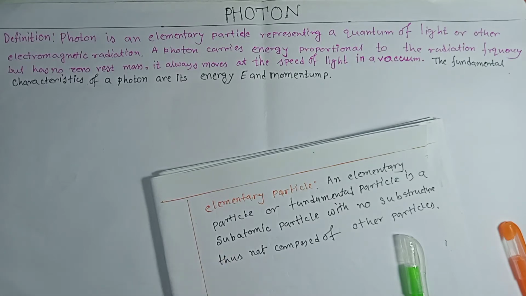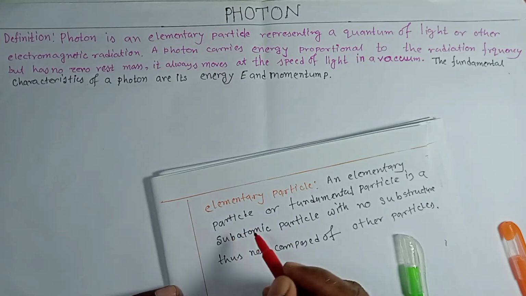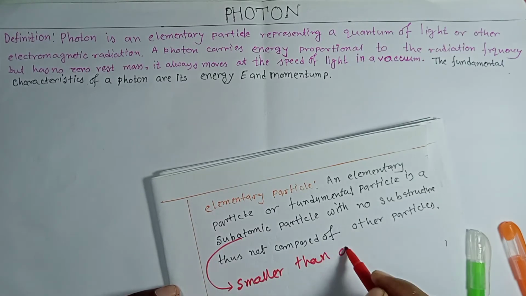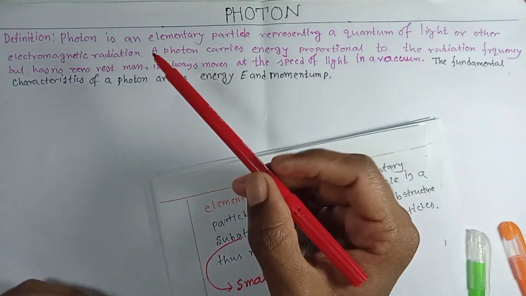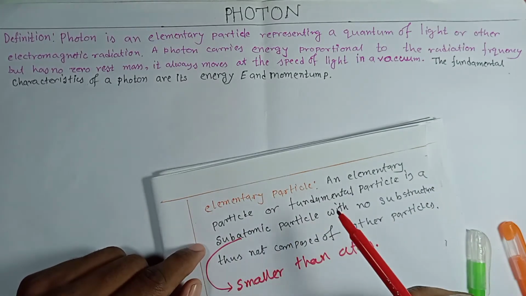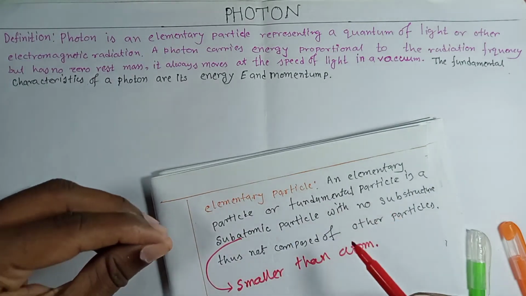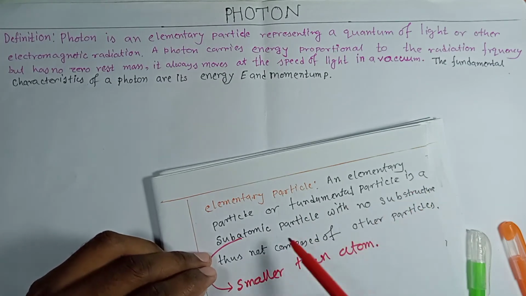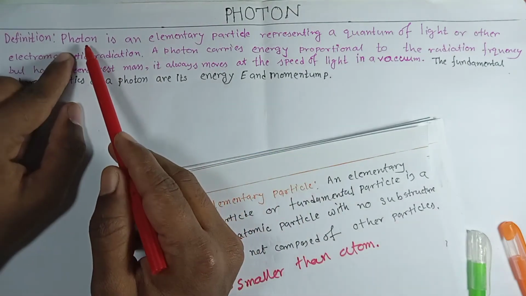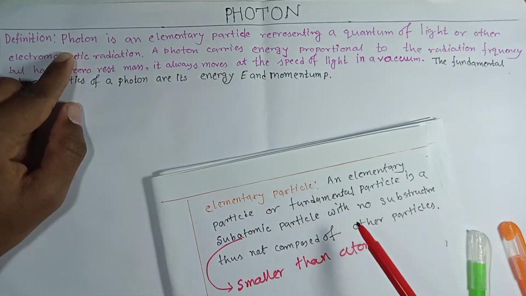Subatomic particle means smaller than an atom. So the photon is an elementary particle, the fundamental particle that is a subatomic particle, smaller than an atom.